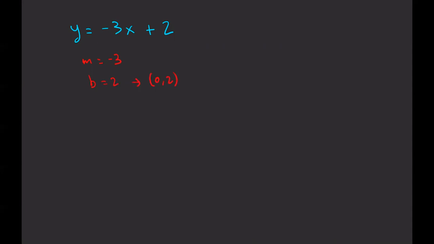Now, be careful. If I give you something that looks like this, you've got to be careful there, because that's not written in slope-intercept form. Slope-intercept form is y equals mx plus b. And while this does look similar, my x and my y are flipped. So you always want to make sure that you've solved exclusively for y, and that you've expanded everything out, so that you have things in that mx plus b format.